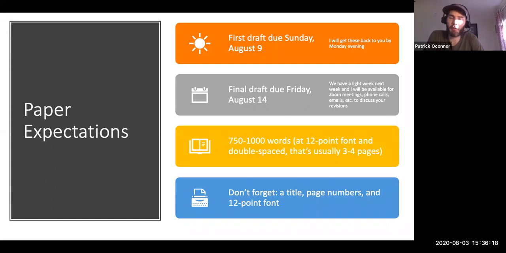Try to keep it at 4 though. I don't know that there's much need to go on and on and on. If you submit an 8-page paper, you definitely won't get a higher grade just for doing that. So try and be tight, try and be focused, try and really emphasize the evidence that you found, and do it in 750 to 1,000 words.